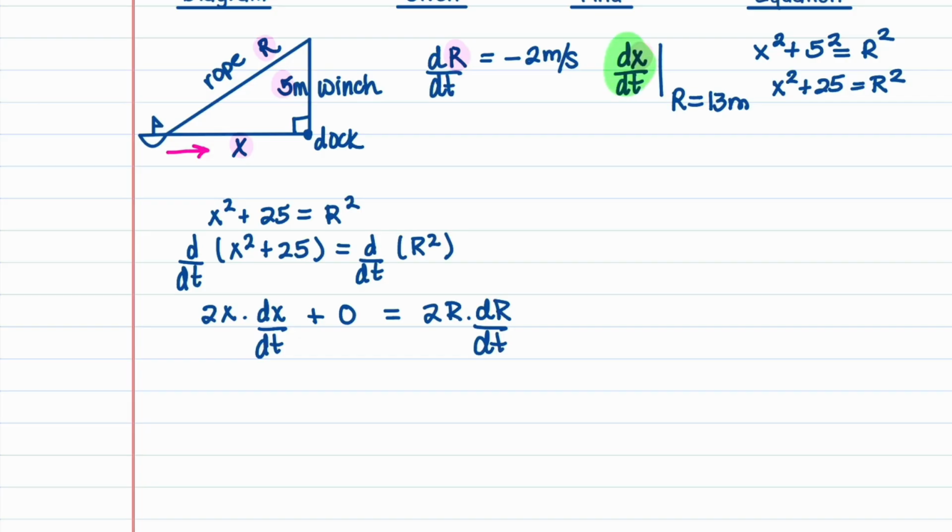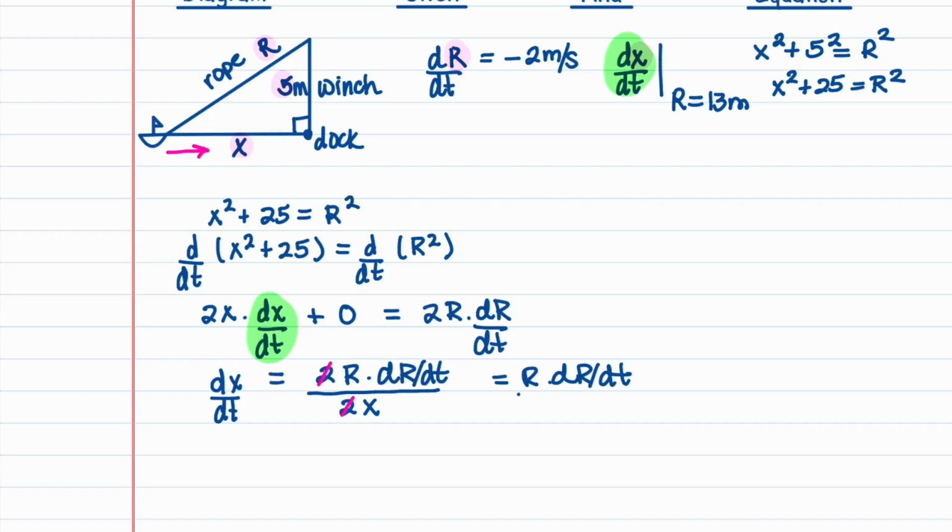We want to find dx/dt, so we're going to solve for that. So we have dx/dt is equal to 2r times dr/dt, all divided by 2x. Our 2's cancel, and we end up with r times dr/dt, all divided by x.